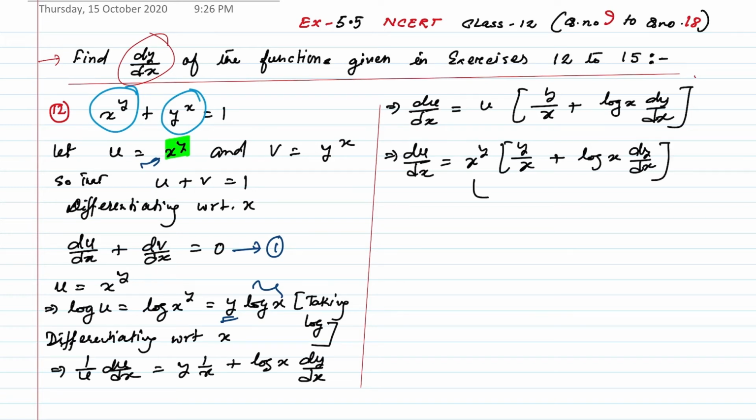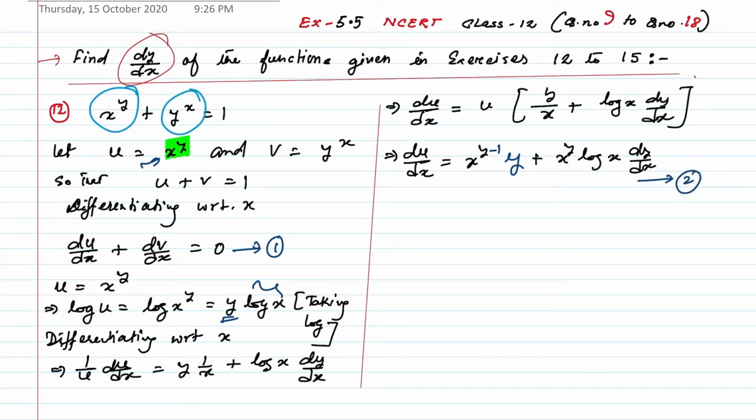If you multiply this term with these two, and let me remove the bracket, x to the power y by x will be x to the power y minus 1. So here we can write x to the power y minus 1 into y, and here also we will get plus x to the power y into log of x dy by dx. So we will get this one. This is equation number 2.